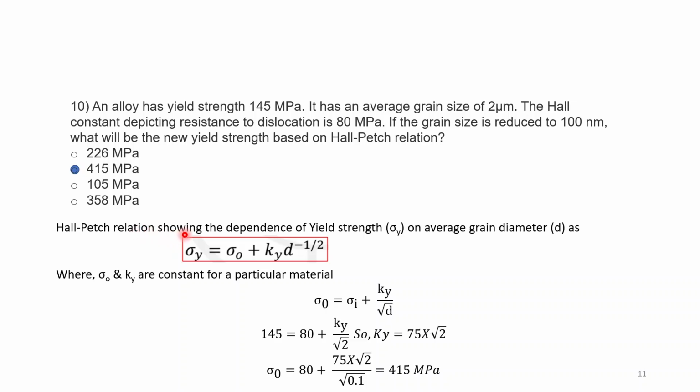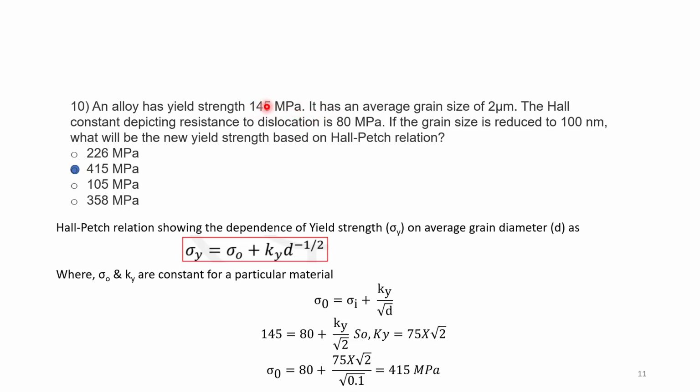So your Hall Petch relation showing the dependence of yield strength on average grain diameter can be given as this formula, where sigma naught and ky are the constants. So these two constants you need to find out from the first relation that is already given.